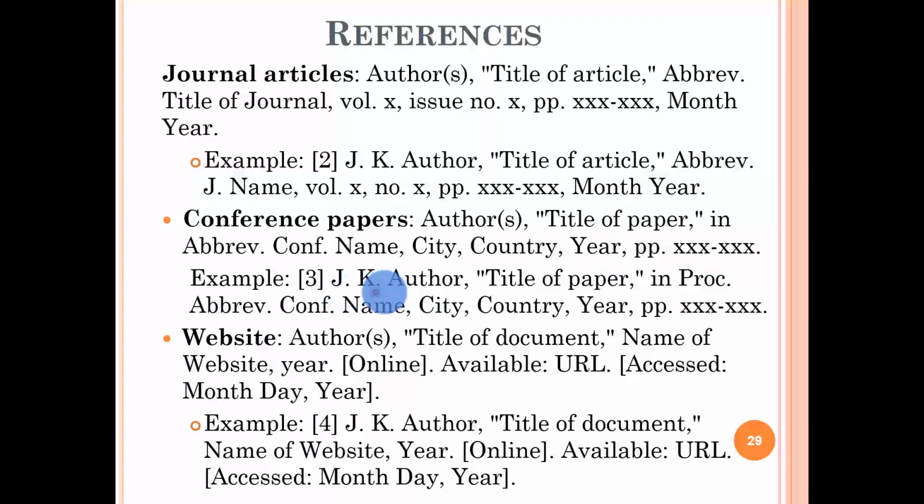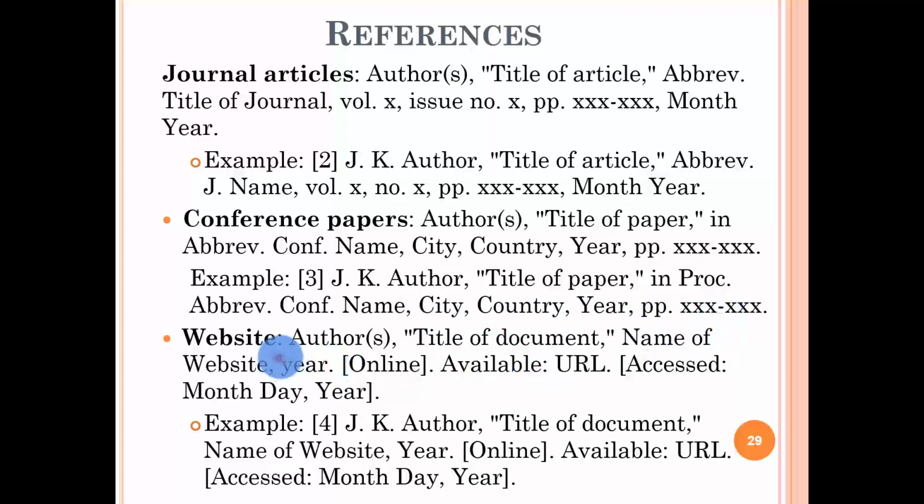This is an example: the author, the title of the paper, then the abbreviation for the conference, then the conference name, city, country, and then year, and these are the pages.